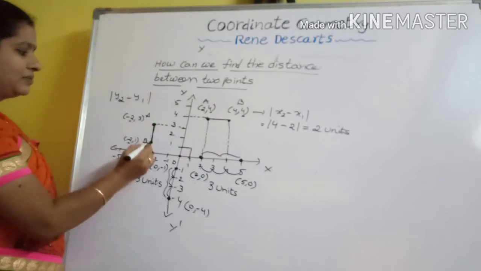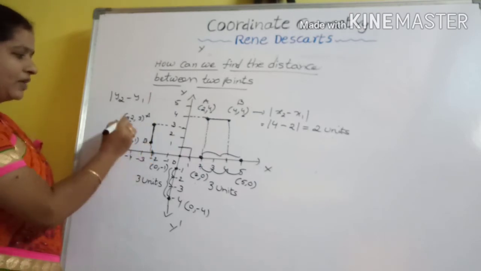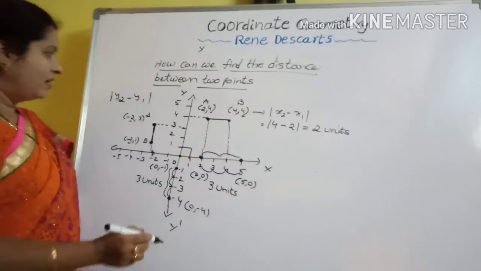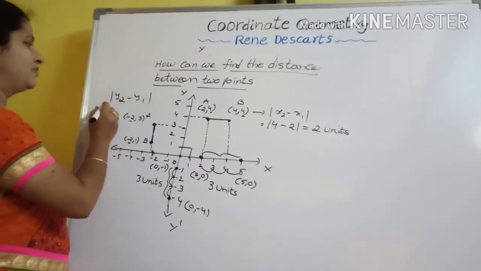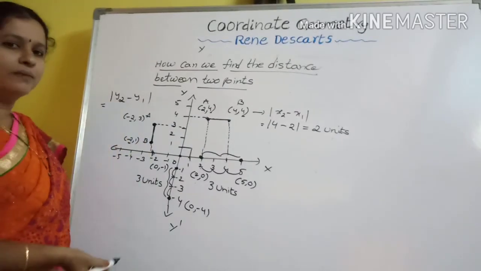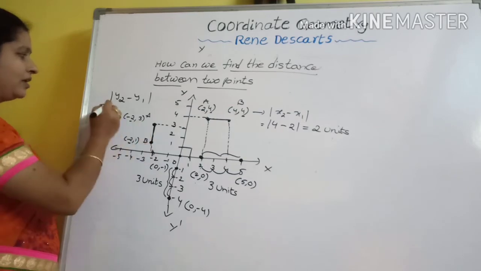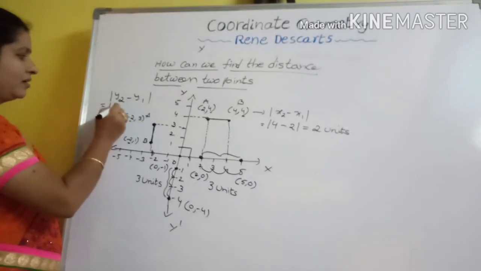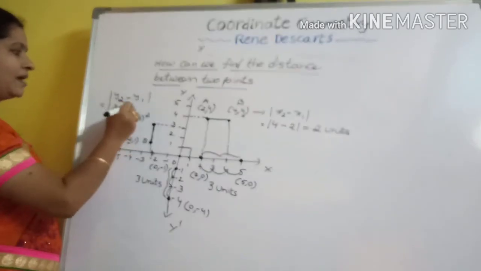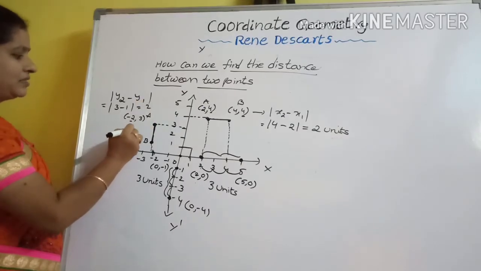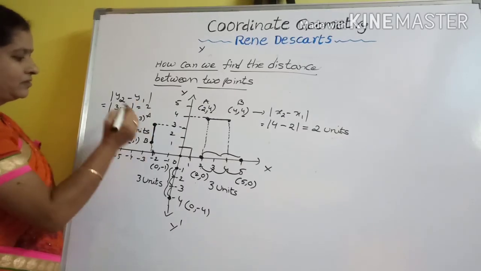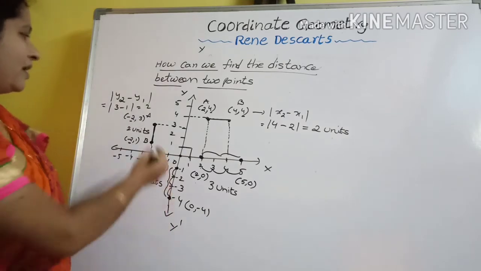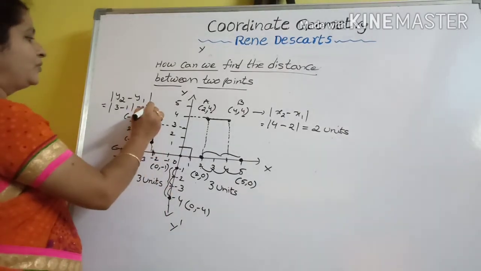To find the distance between these 2 points, if the x coordinate values are equal, we are using this formula modulus of y2 minus y1. So y2 value 3, y1 value 1, 3 minus 1, 2 units distance. So the distance between these 2 points A and B is 2 units.